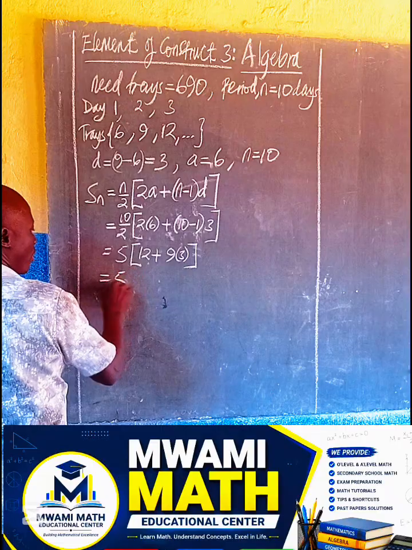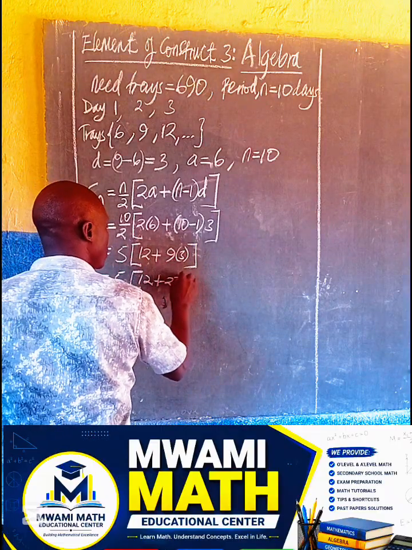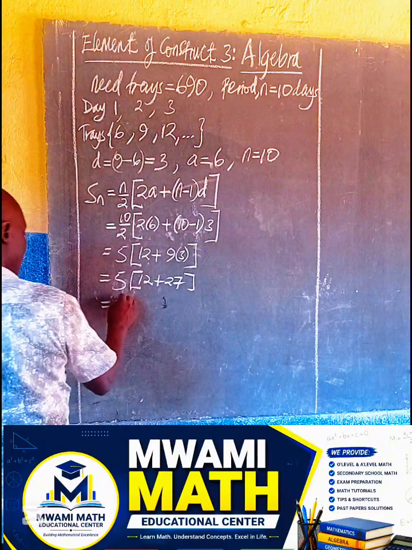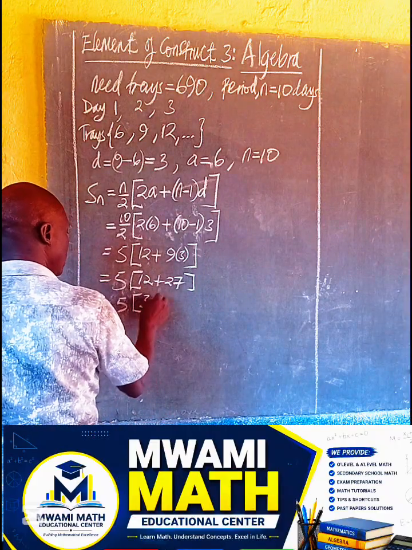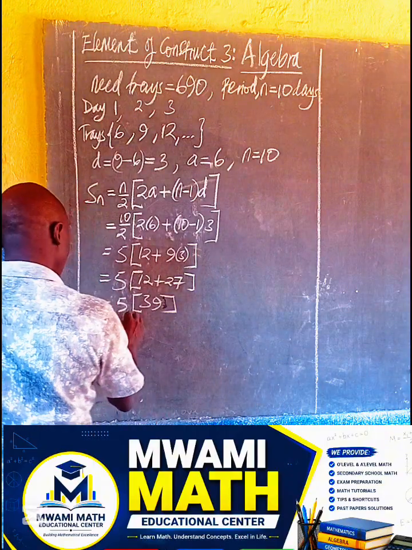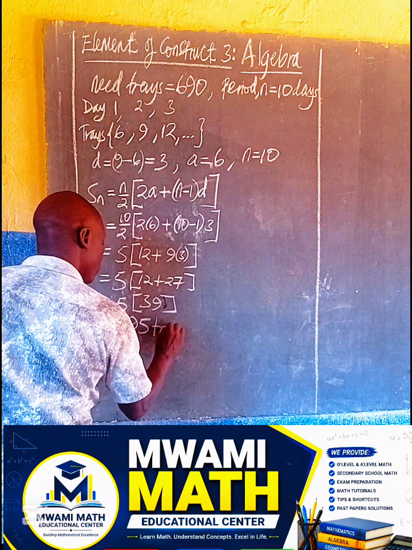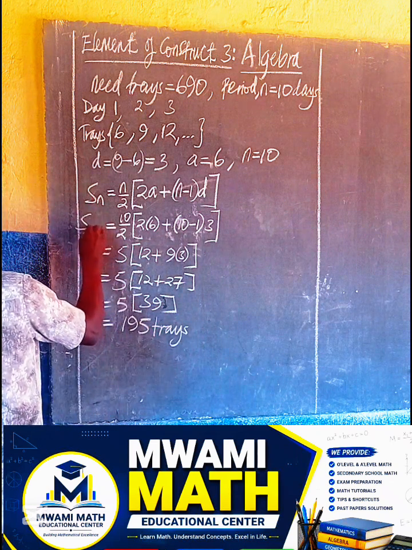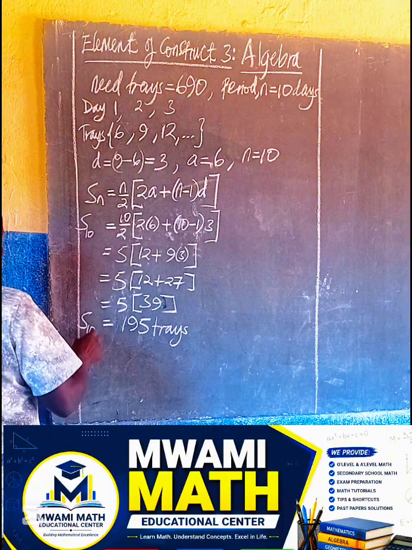Then we shall have 5 into 12 plus 9 times 3, 27. So when you add that and that, what do you come up with? 39. So 5 times 39, that is 195 trays.